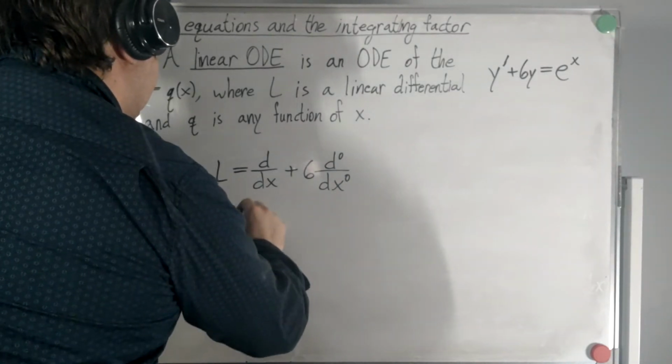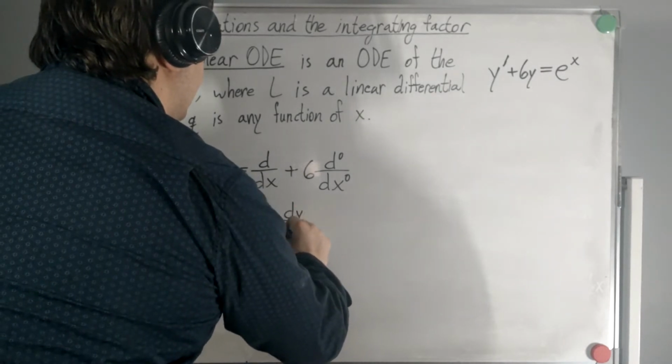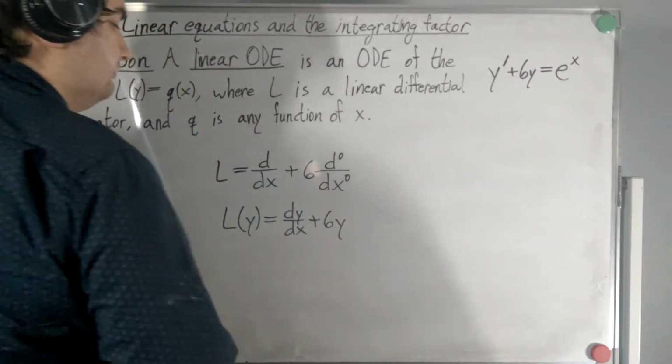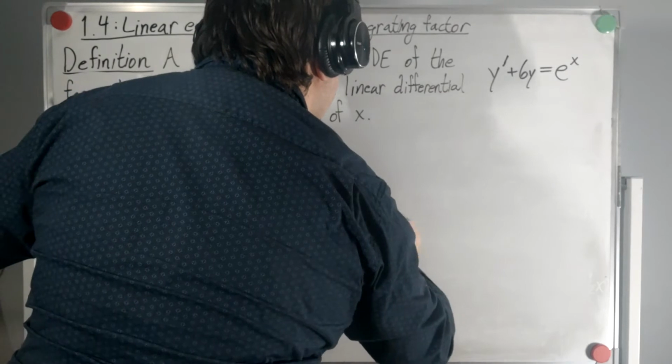This is acting on y to give us derivative of y plus 6y, and then that's being set equal to e to the x.